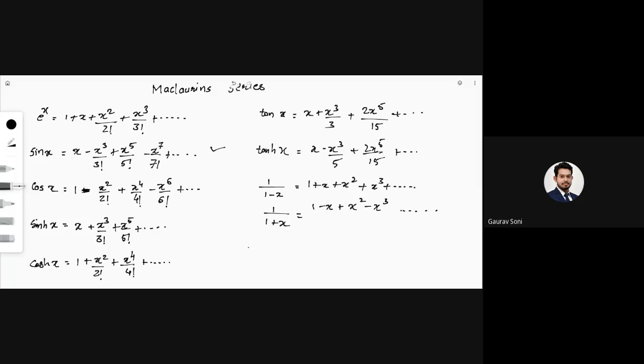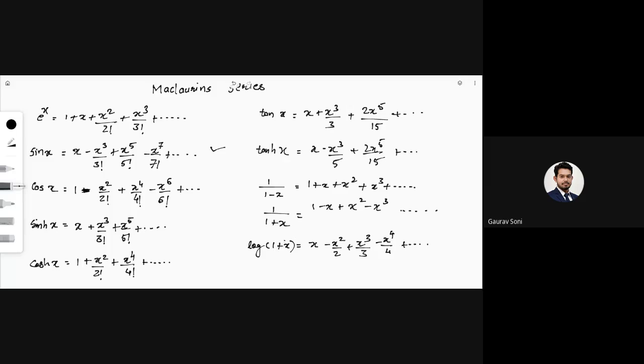Then log of 1 plus x, which is x minus x square by 2 plus x cube by 3 minus x raised to 4 upon 4 and so on.